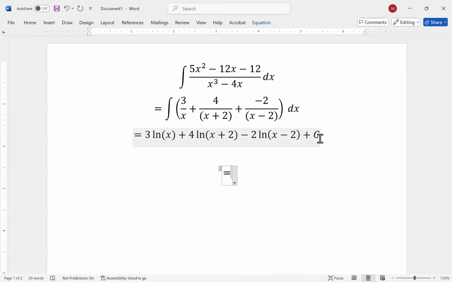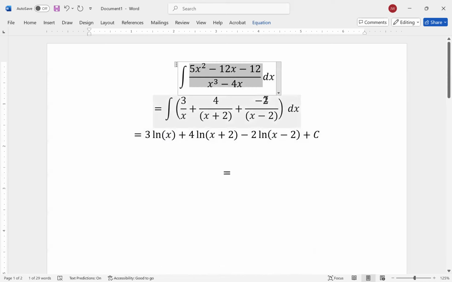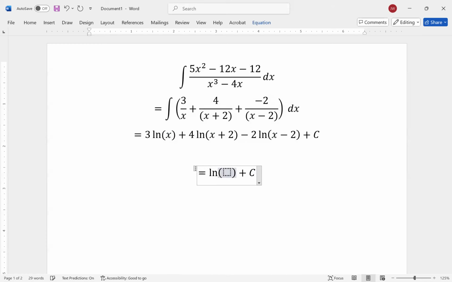If you ask AI to integrate this, or if you ask some specialty software, they might give the answer back in a very different way. They may give the answer, for instance, as, oh, I don't know, let's do x to the 3rd inside the natural log times x plus 2 raised to the 4th, again inside that argument, and then divided by x minus 2 raised to the 2nd power.